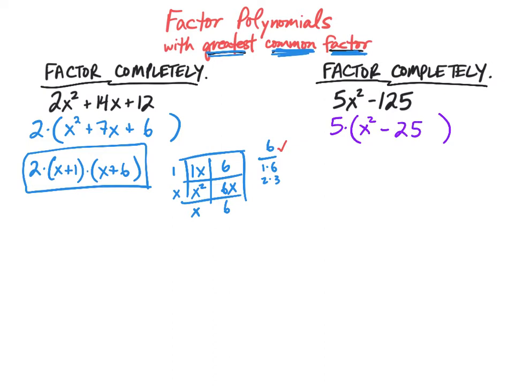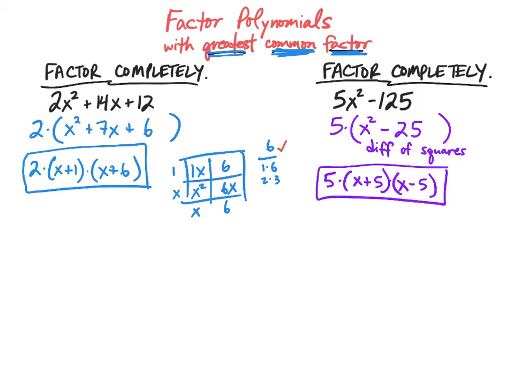Now you might recognize this is a difference of squares over here, and you might not even need the boxes, right? So again, this is a strategy to maybe help us find some easier ways to factor the problem. X plus 5 times x minus 5. Look at that, now I didn't even need the boxes. I just took out the GCF, the greatest common factor. Then I recognized it was a difference of squares problem, and I'm done.